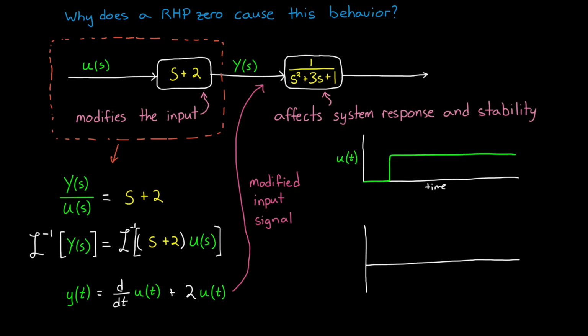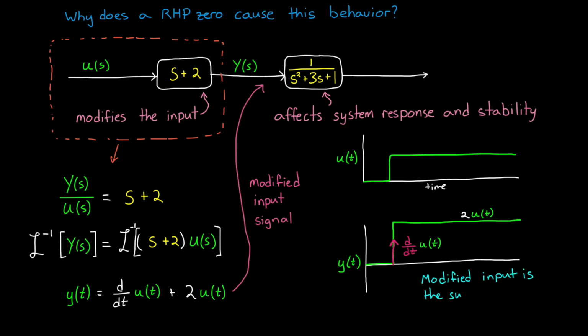For the left half plane zeros, the derivative and the signal tend to complement each other, since a positive derivative means the signal is moving in the positive direction. So when you add them together, they amplify their positiveness, and this more positive signal can be thought of as the input signal into the second half of the transfer function, which would then respond accordingly.